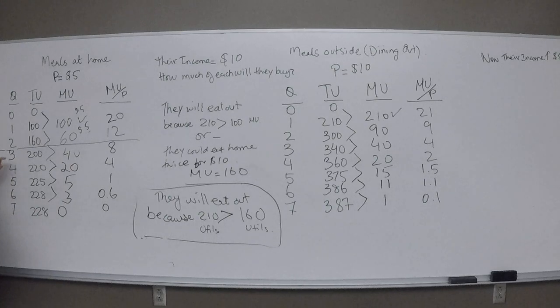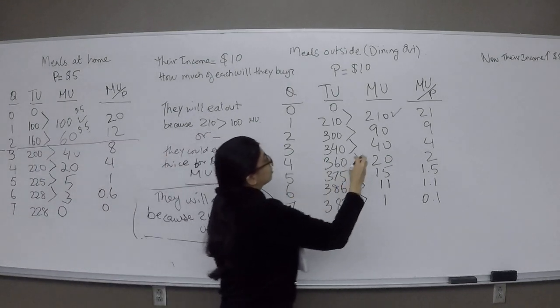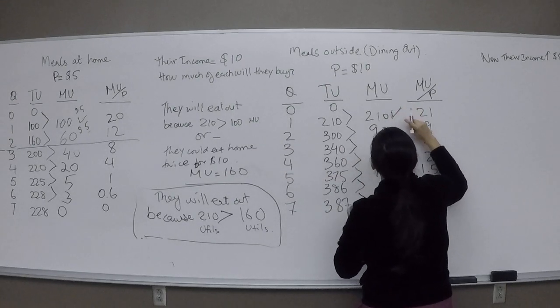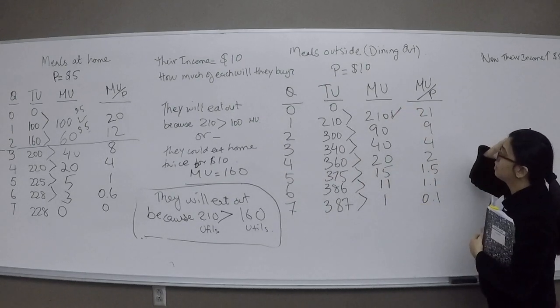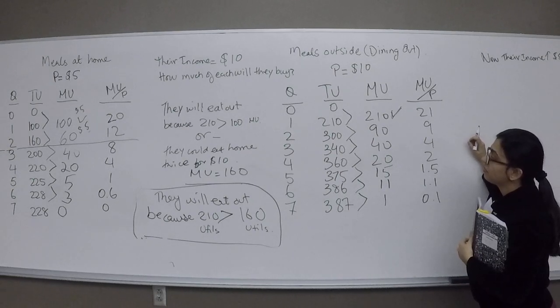If they spend the first $10 on two meals at home, the utility is lower, so the first $10 they will do this, right? What about the next $5?